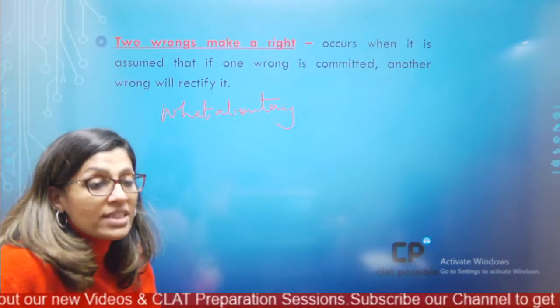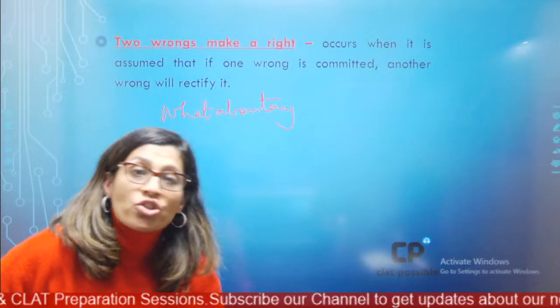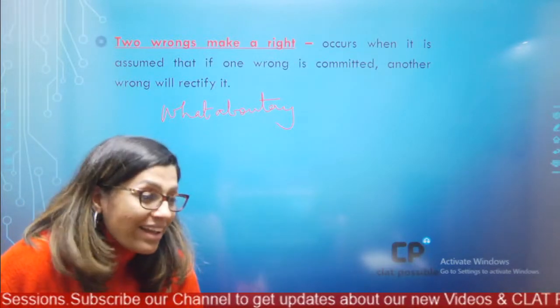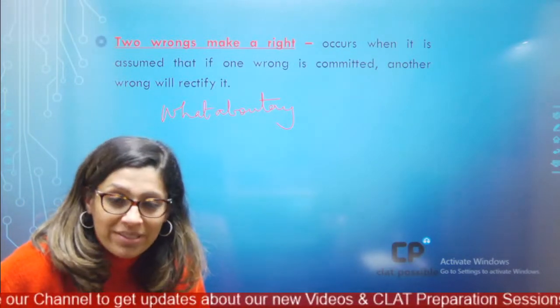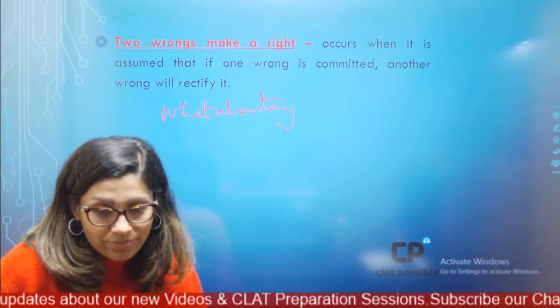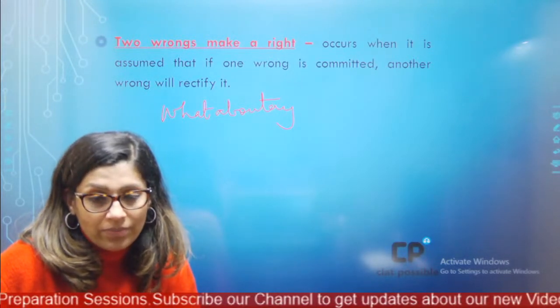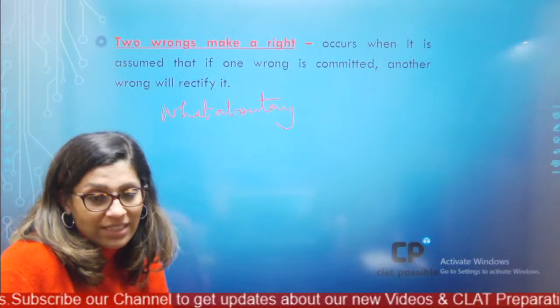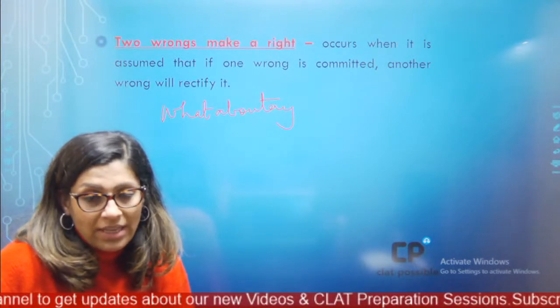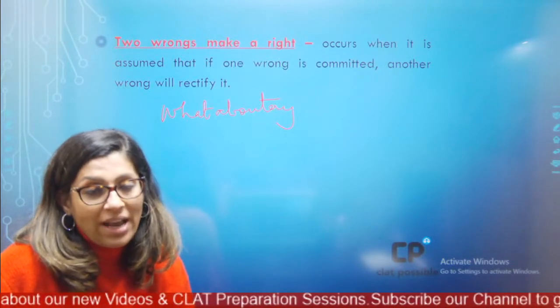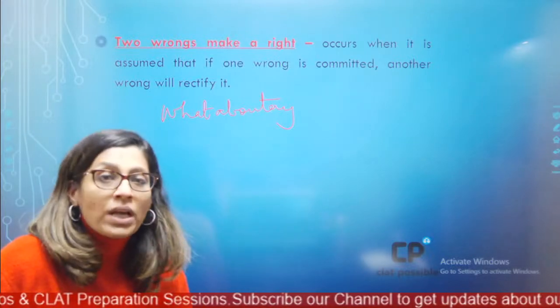Again, it's such a lovely time to teach fallacies, children, because I can give you hundreds of examples. Yes, Akshat, that's correct. Israel: we suffered the Holocaust, so our actions even today are justified.